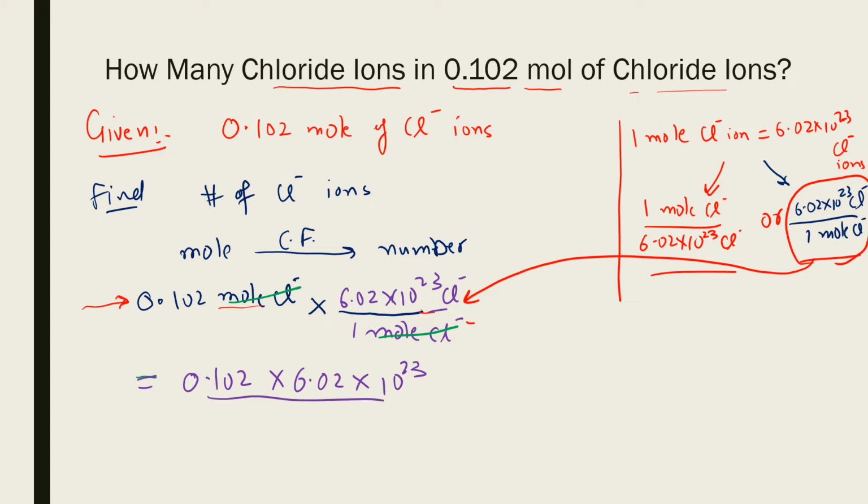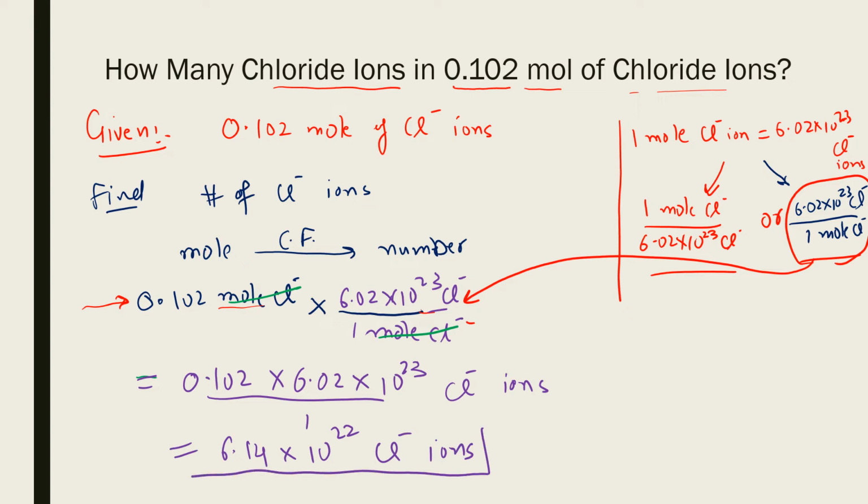That's just 1, and we have chloride ions, right? If we solve this, the answer will be 6.14 times 10 to the 22 chloride ions. So it means we have this many chloride ions in 0.102 moles of chloride ion.